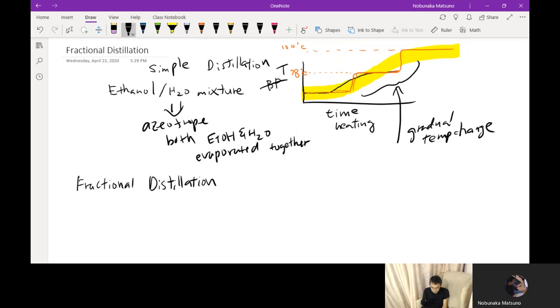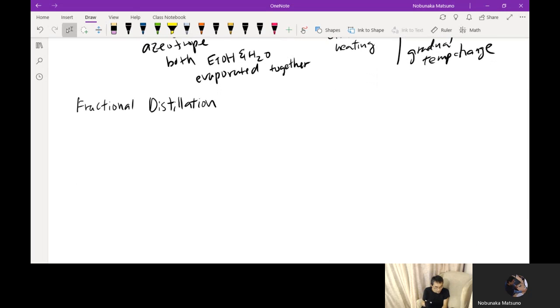And fractional distillation, what is it? Well, you use a Vigreux column. You can call it a fractional distillation column, but what it looks like is a column that has a lot of pins inside, like this.